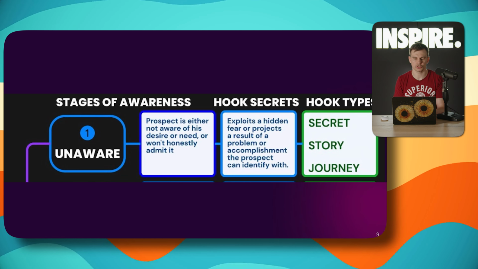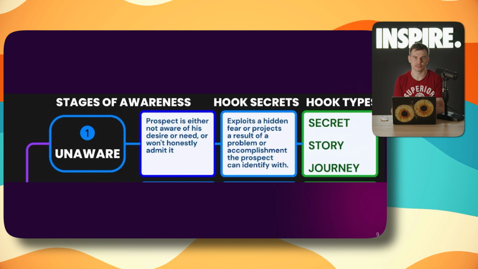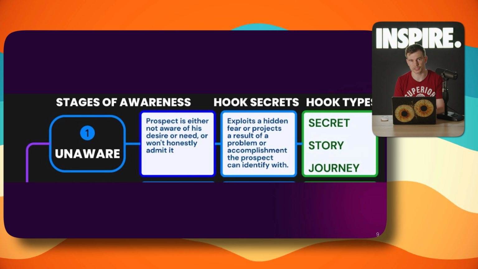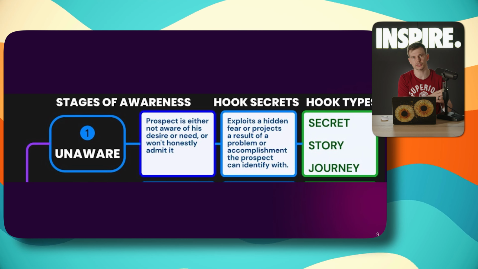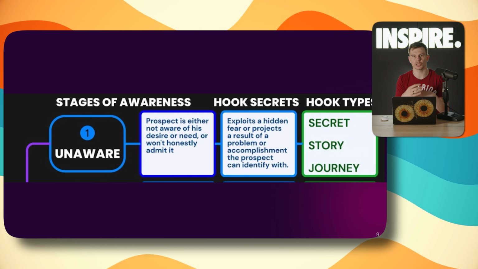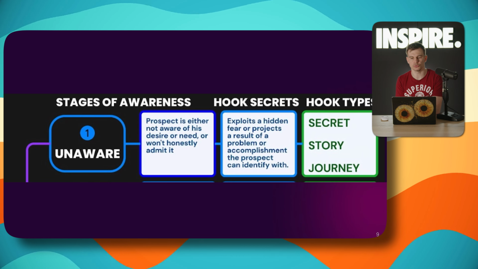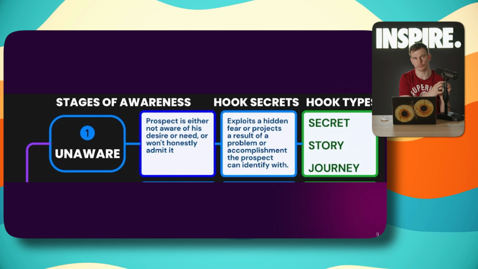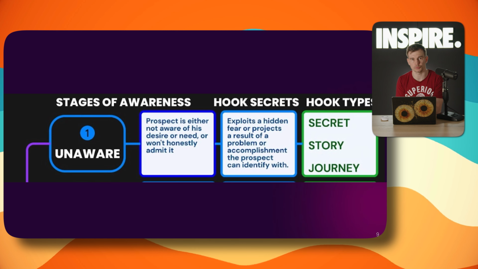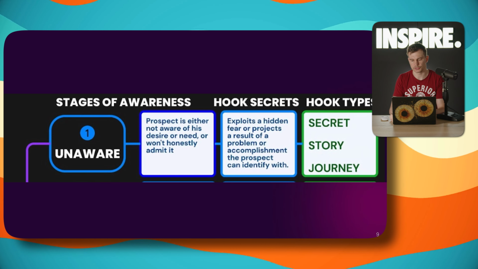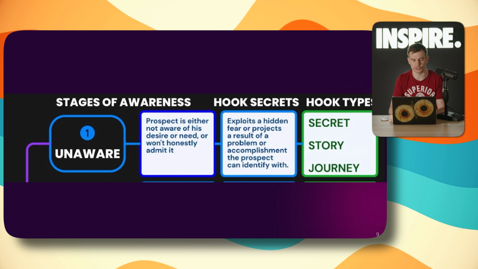That's why you see a lot of storytelling videos, a lot of VSLs working the best, or even personal story advertorials in terms of the landing pages, because you're transitioning someone who doesn't even know he has a problem by telling a story of someone who had that problem, then found a solution. So you're guiding him from not knowing he has a problem to acknowledging he has a problem and needing the solution. That's why secret, story, and journey hook types work best for this type of audience.